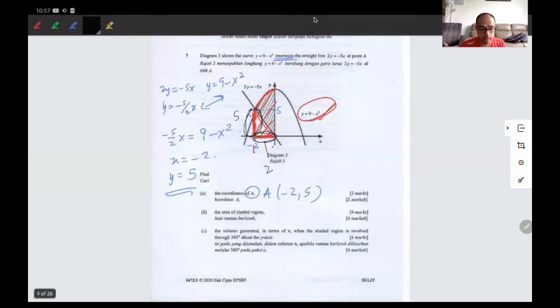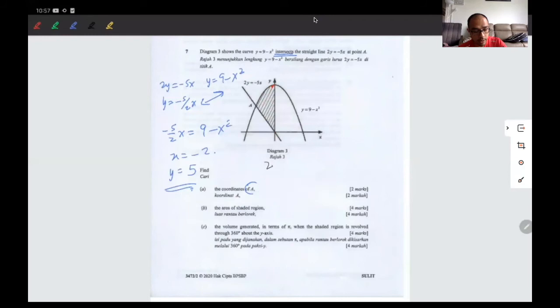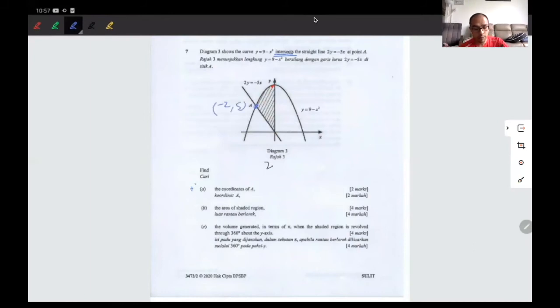All right, last one: the volume generated in terms of pi, when the shaded region is revolved 360 degrees about the y-axis. I'm going to rub all this off because it is unnecessary for now. Let's think about this. A is negative 2 and 5, so I mark it first. If it is going to be revolved around the y-axis, you kind of have no choice.